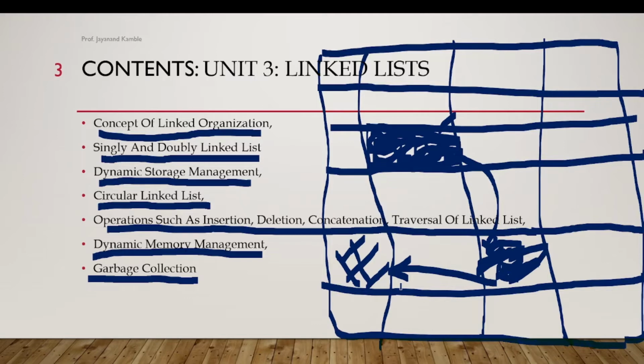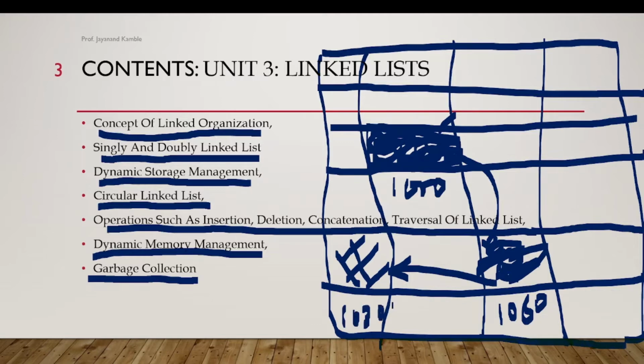In case of linked organization, the address of this block may be, let's say, 1000, and the address of this block may be 1060. Is there any relationship between them? No, they are random. The address of this block may be 1030.